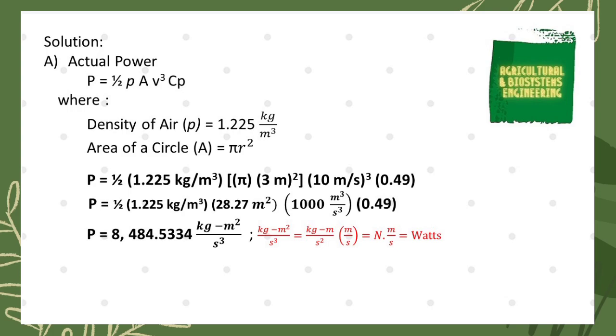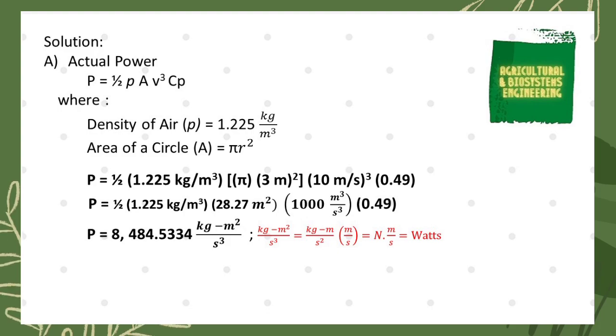So we just simplify and solve, giving us 1/2 times 1.225 kilogram per cubic meter times 28.27 square meter times 1000 cubic meter per cubic second and 0.49.